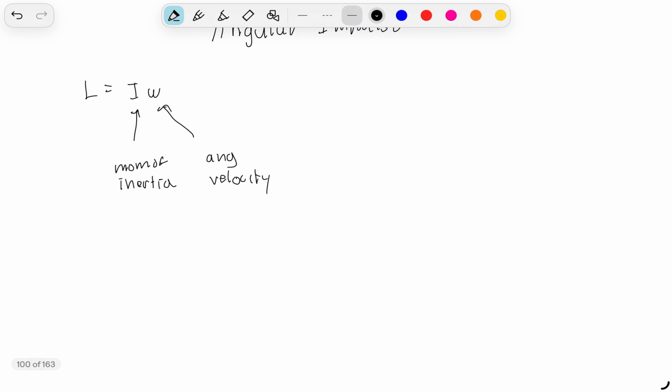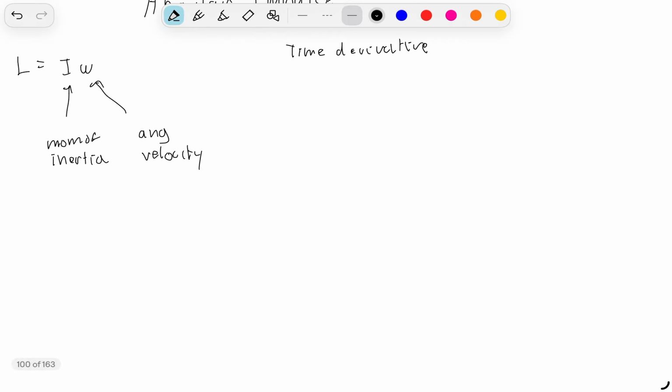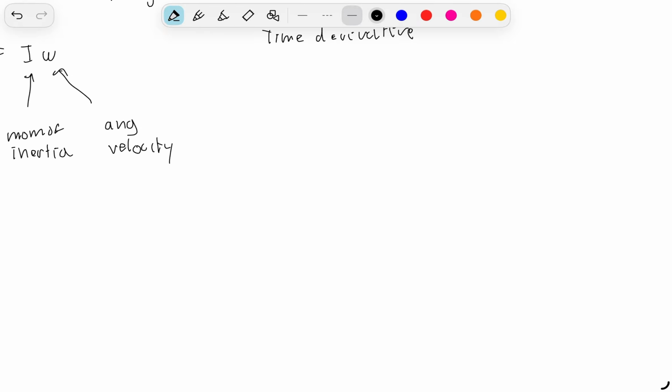So what we're going to do is take the time derivative. From Newton's idea of forces causing changes in motion, we can translate that to rotation and have torque cause changes in angular momentum.